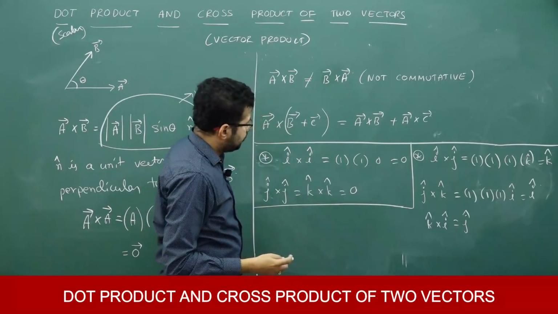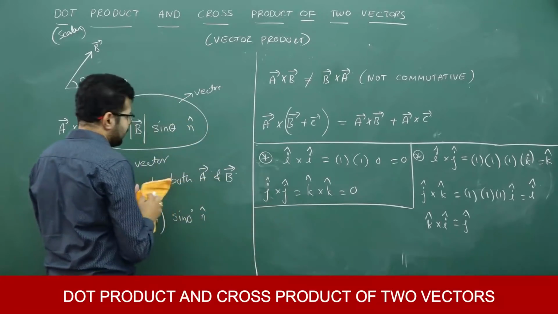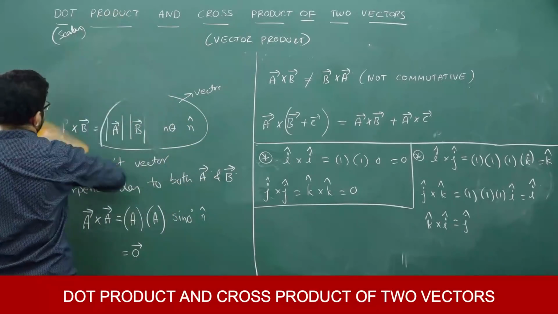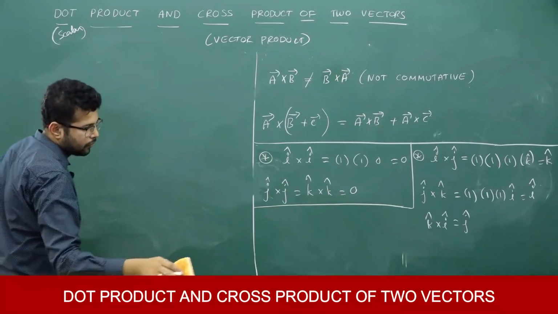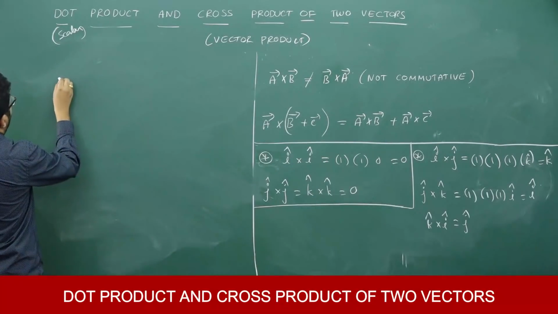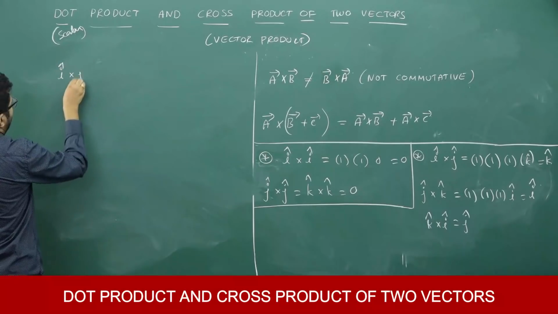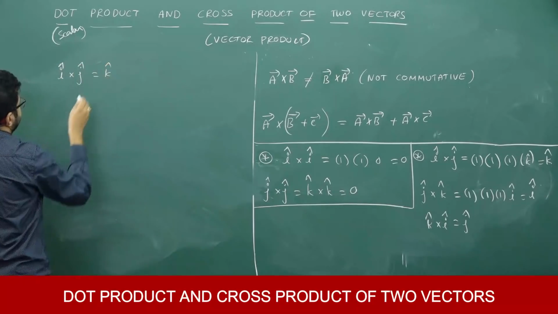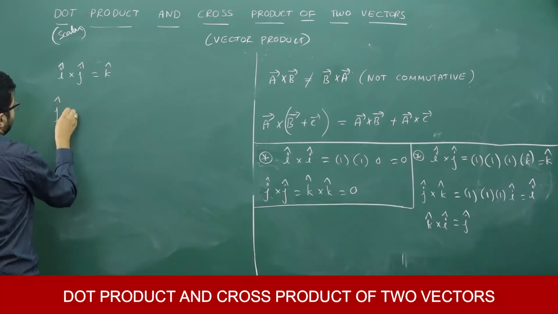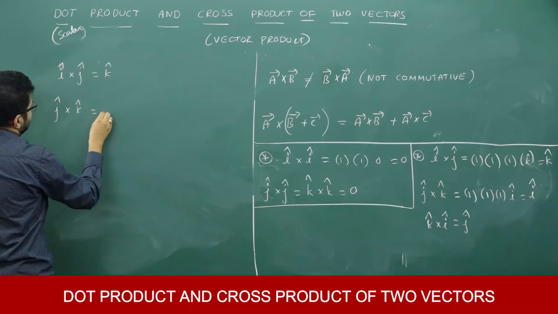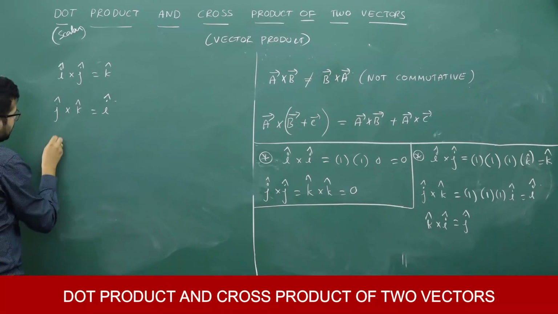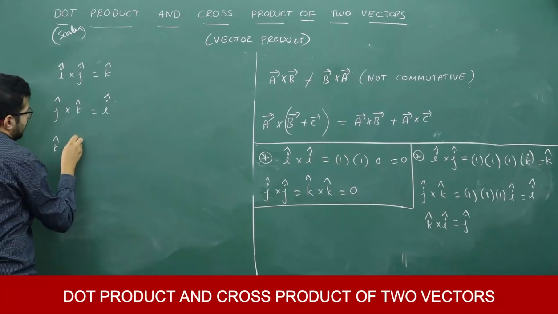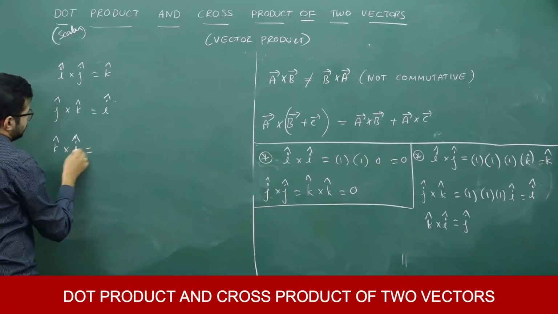So let me write it clearly here. i cross j is k cap, j cap cross k cap is i cap, k cap cross i cap is j cap.